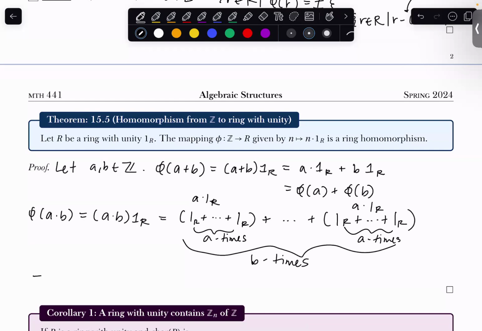Okay, but this is going to give me back, right? I can really pull out this a times 1 to the front because it's showing up these b times. I really have this happening b times on the inside.